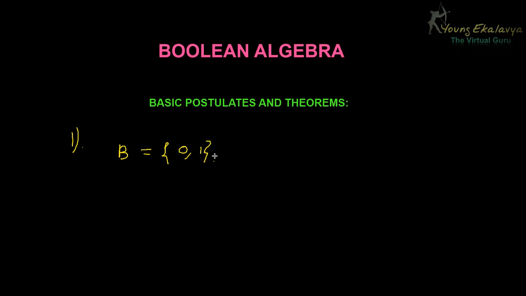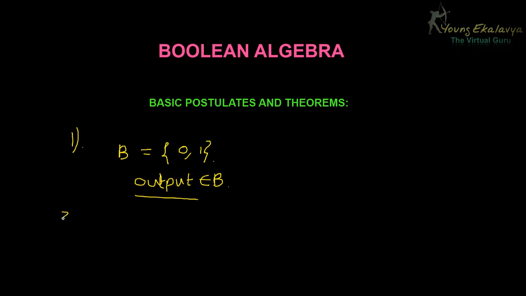This obeys the closure property, that is, the output of any Boolean function belongs to B.